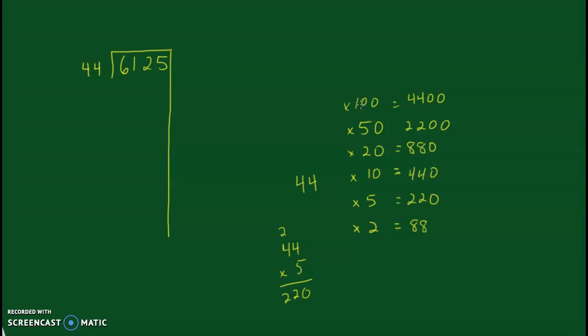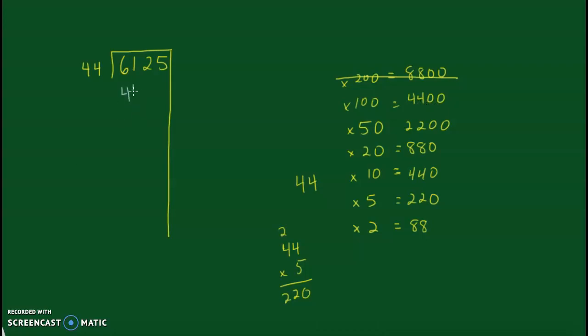Then after 100, we're going to go 200 times 200. So we'll add a 0 at the end of this one. That'll be 8,800. And that's too big. So here's our numbers we're going to use with this. So using our chart, the closest we can get here is 4,400.